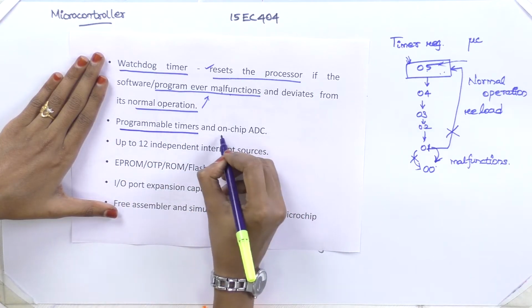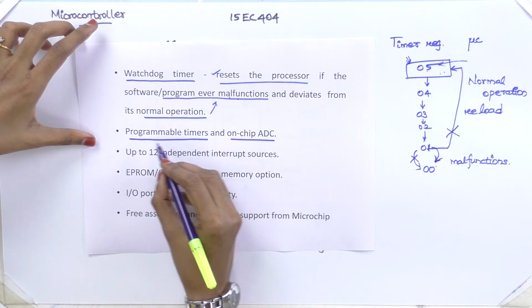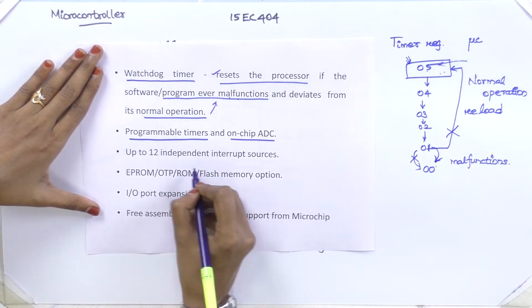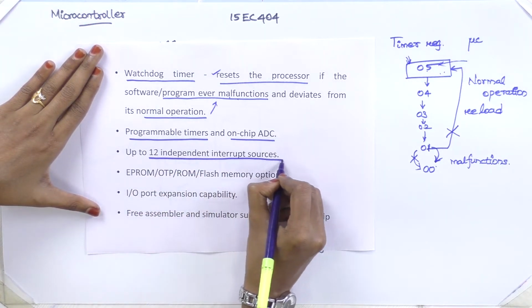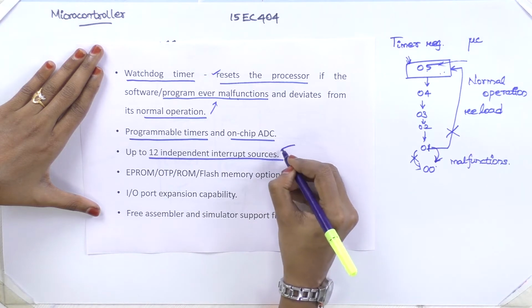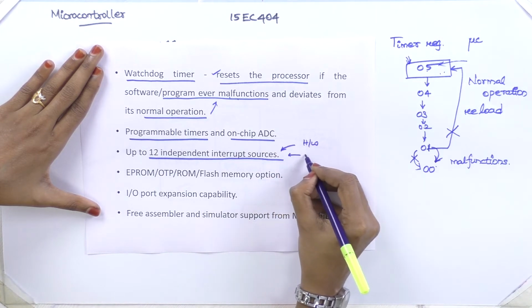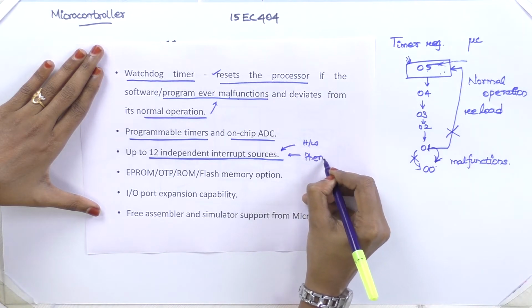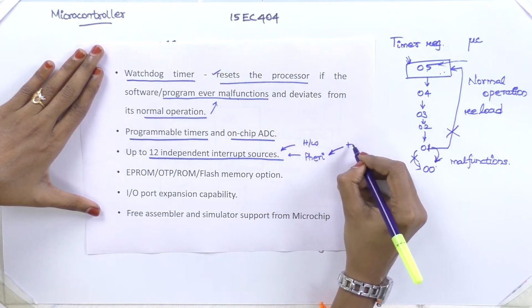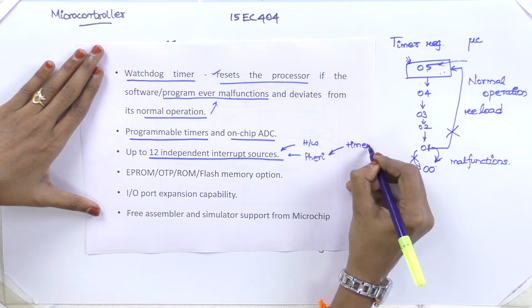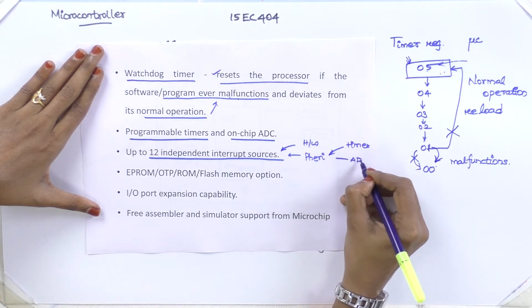Another thing is, you have your programmable timers and on-chip ADC, which I have already told you about. Then here you have 12 independent interrupt sources. These interrupts come from hardware, from the peripheral devices, such as timers and the analog to digital converter.